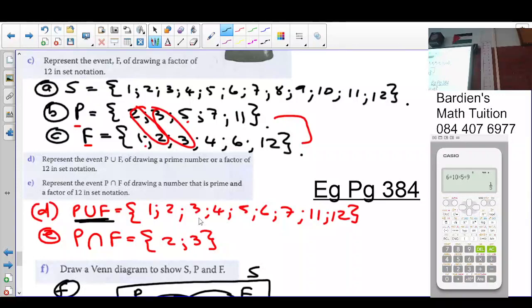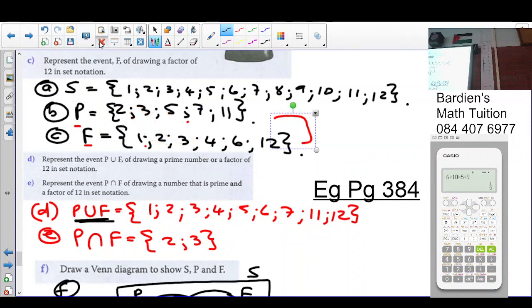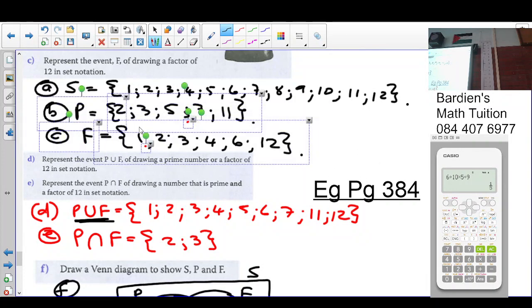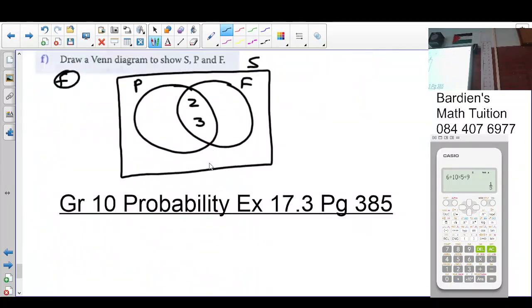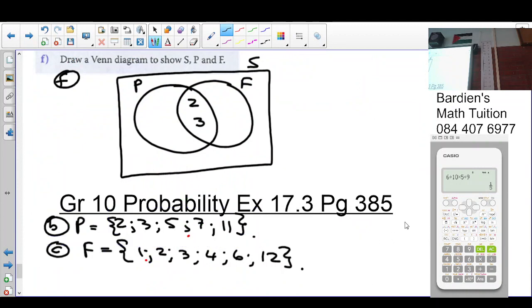Right, so now we need what is from set P and what is from set F. What is in P only?